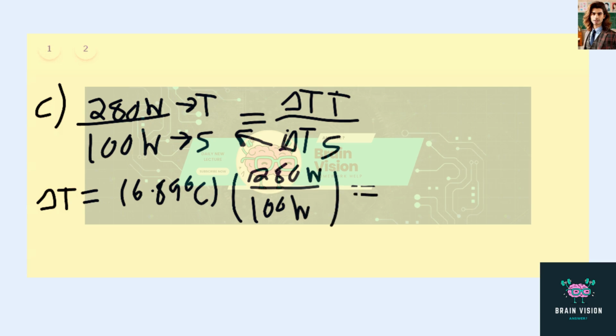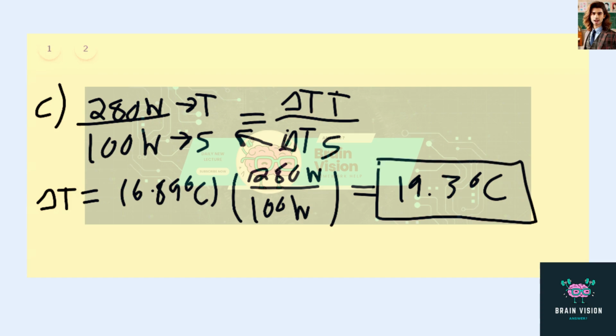And that gives us a delta T of 19.3 degrees C. So whenever you only have one variable changing and you're given all the other information, keep in mind that you can do ratios like this.